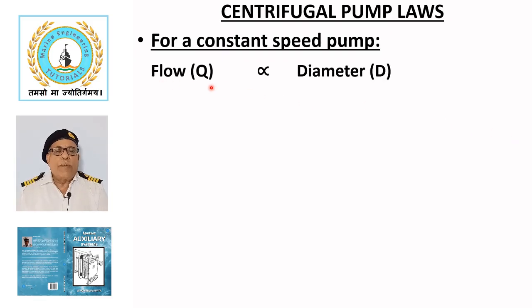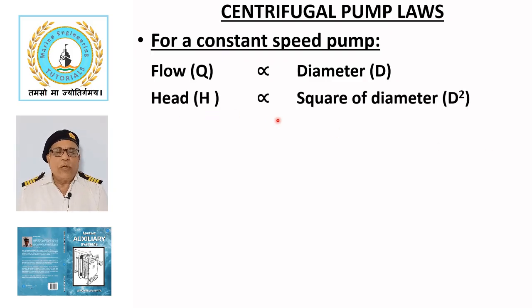Flow Q is proportional to diameter D. The flow Q varies directly with the impeller diameter D. Head H is proportional to square of the diameter, or D squared. The head developed by the pump varies directly as the square of the impeller diameter.